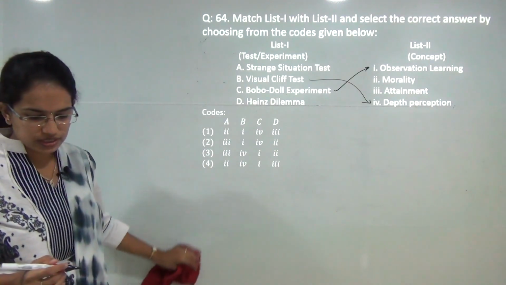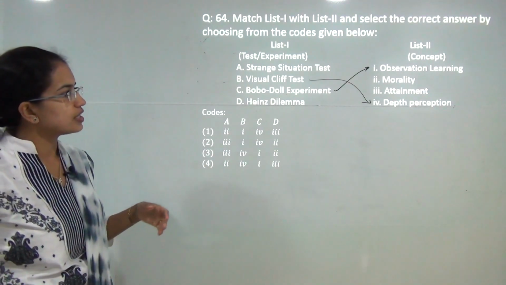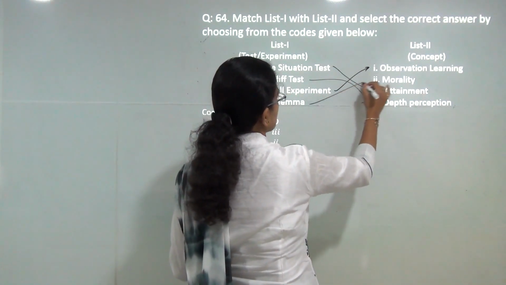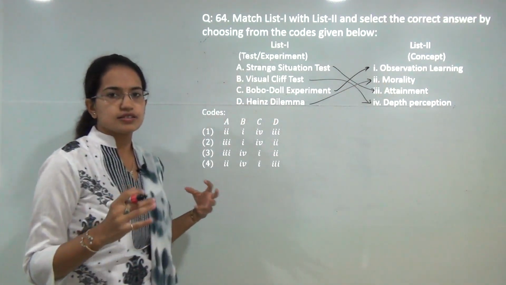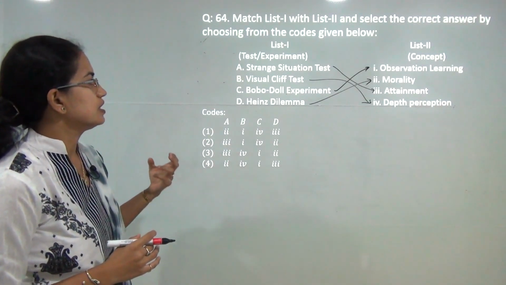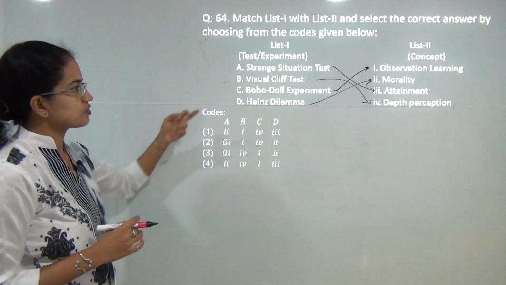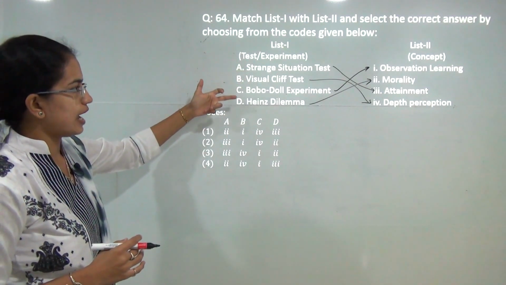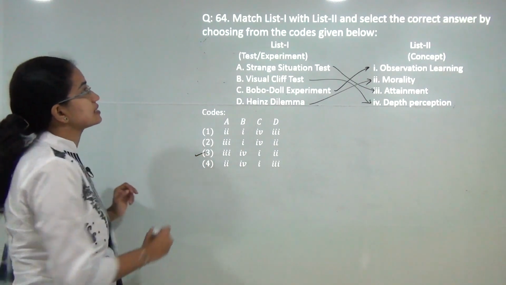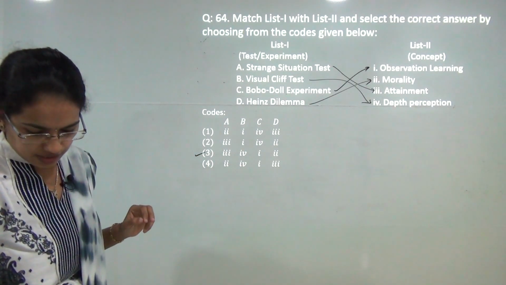This strange situation test talks about the attachment of an individual, and finally you have the Heinz dilemma that talks about the modifications of Kohlberg's theory and the morality principles. So these are the correct matches. So it would be 3, 4, 1 and 2 as the correct match. So you have 3 as the correct answer here. Next question.